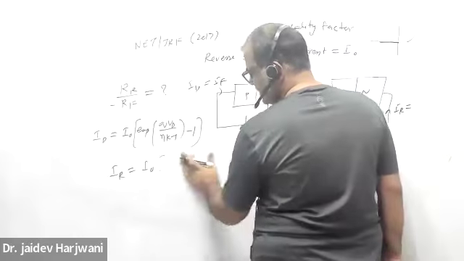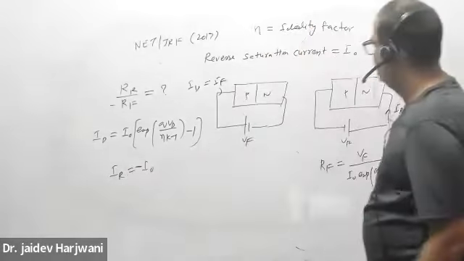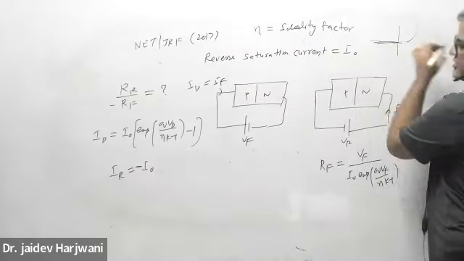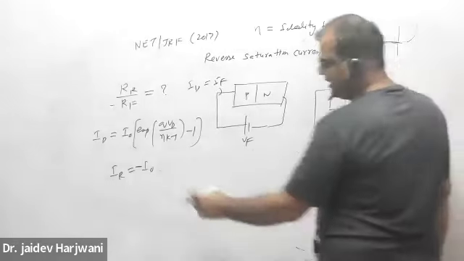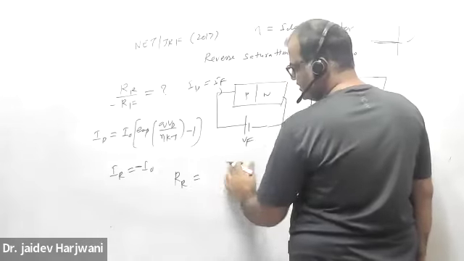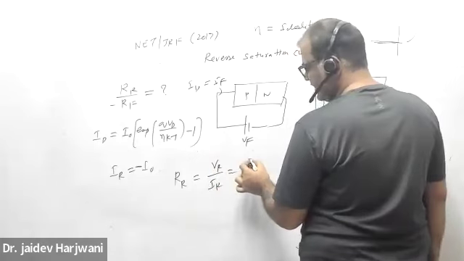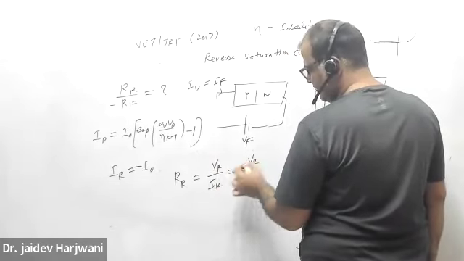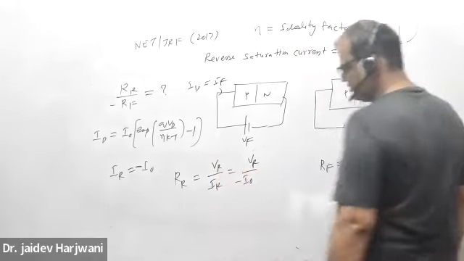So the reverse saturation current is only equal to minus I naught. Only this much current flows in the reverse direction, and that is also in the opposite direction. So IR will be minus I naught. RR is VR upon IR, that is VR upon minus I naught.